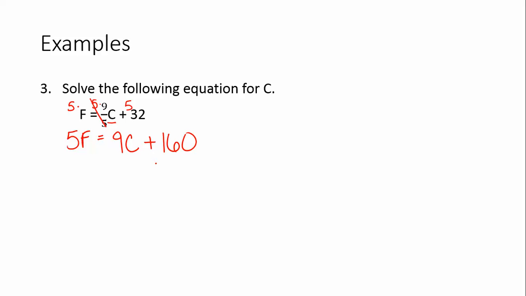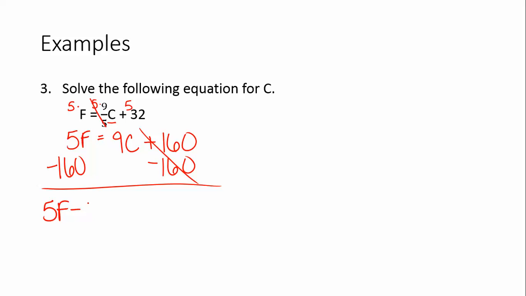We always undo addition and subtraction first, so we want to subtract 160 from the other side. What you need to pay attention to is that on the left-hand side, those are not like terms. We have 5f, think of f as just like a variable, and we're subtracting 160. So we have 5f minus 160 equals 9c.